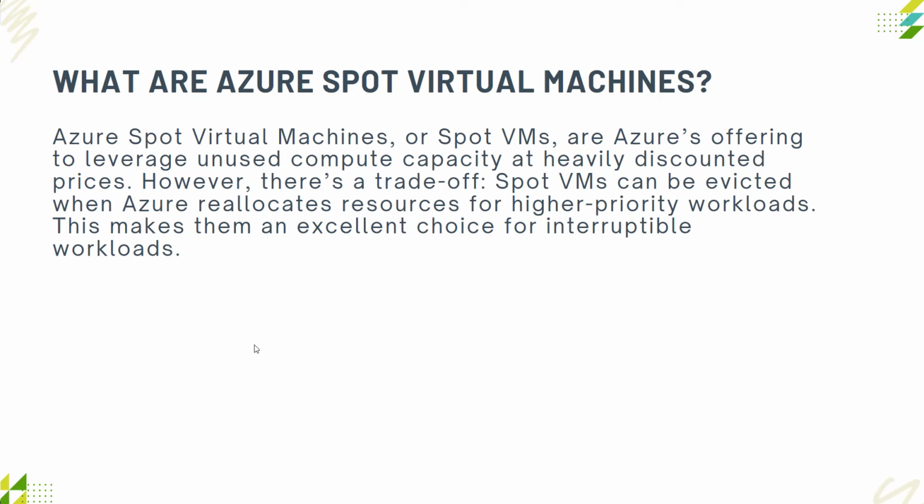There is a disadvantage: whenever Microsoft needs that virtual machine or wants to reallocate the resources for a high priority workload, those virtual machines can be evicted. Evicted means it will not be available for you to use. They can shut down the machine, they can take the machine off. That's the disadvantage of using it.